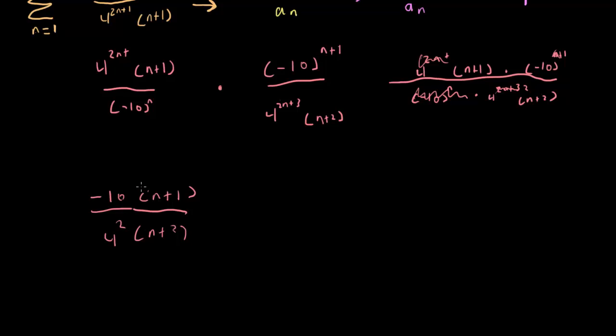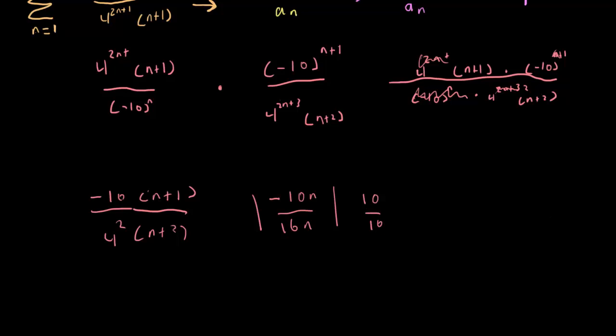So when you multiply this out, you're going to get negative 10n minus 10, and then 16n plus 32. So when we only look at the largest exponent of n, we're going to get negative 10n over 16n. Now, when we find the limit of the absolute value of this function, we get 10 over 16.